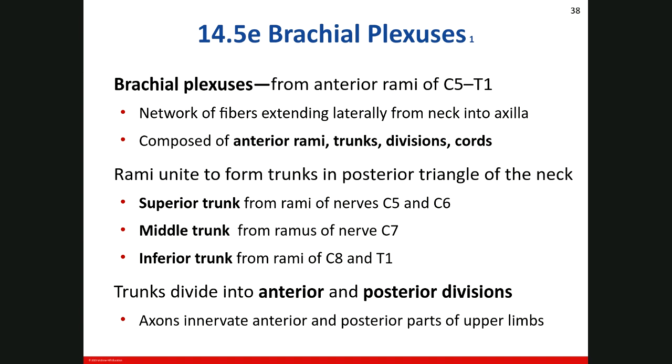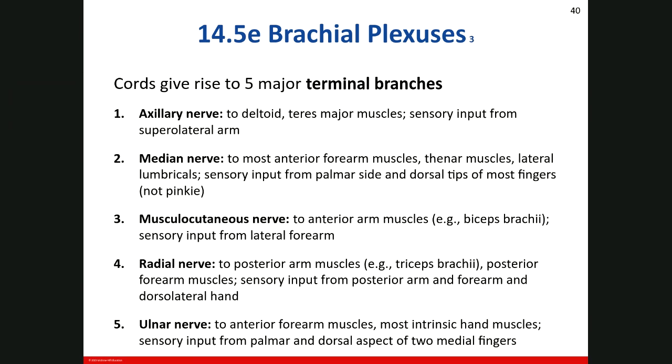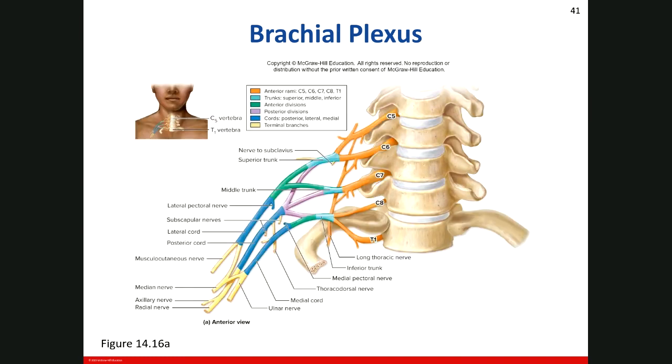If you look at this picture, you can see this brachial plexus. It comes from C5, C6, C7, C8, and T1. The anterior rami of these nerves connect together and make the plexus, and then some important nerves come out of it.